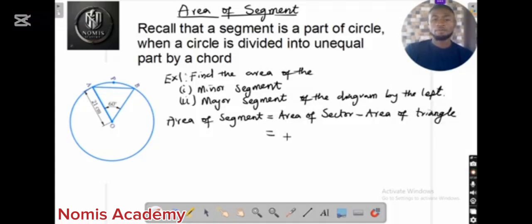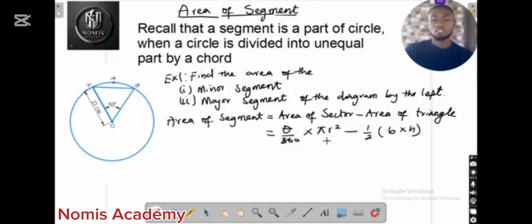You can remember from the previous video that area of sector is theta over 360 multiplied by pi r squared, and area of triangle is 1 over 2 times base times height.